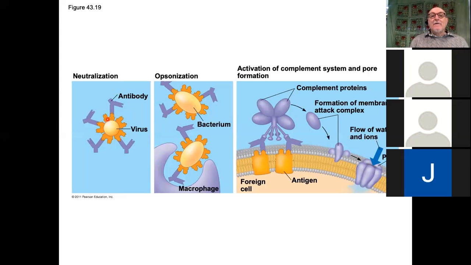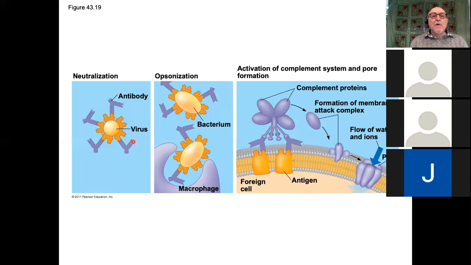Antibody can bind all of these proteins on the outside of the virus, and by doing so, they inactivate the virus. And so that's the first thing. This is called neutralization. The same thing will happen with a toxin. Antibody to a toxin can bind around the outside of the toxin, and it stops it from being active. It inactivates like that.